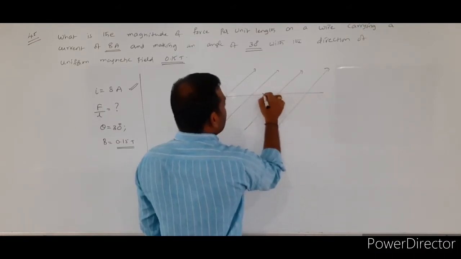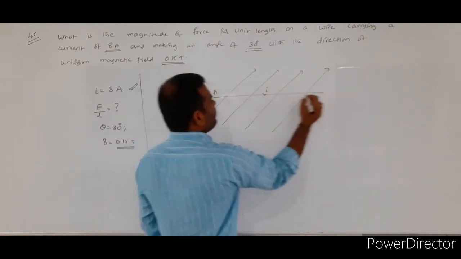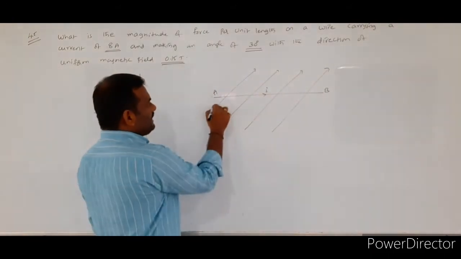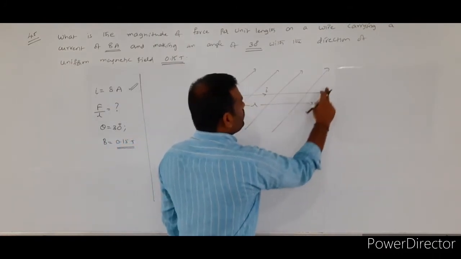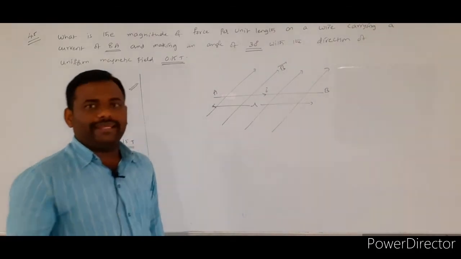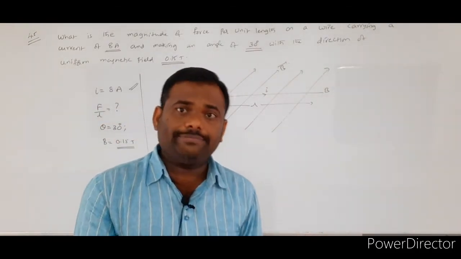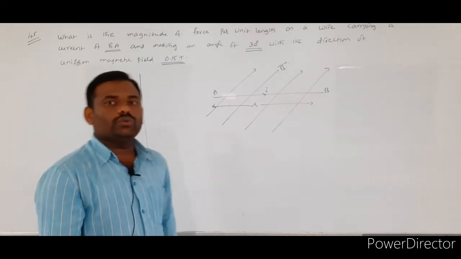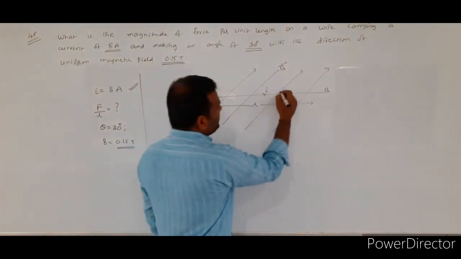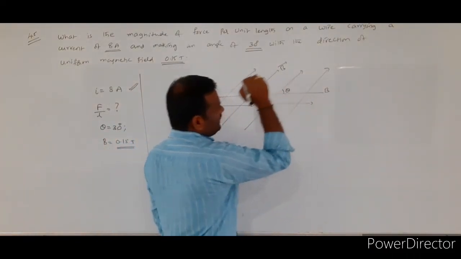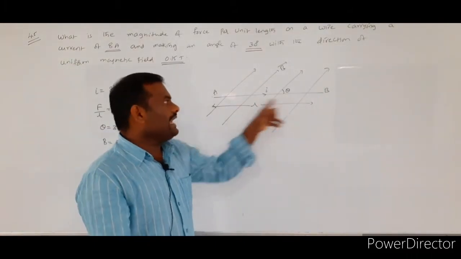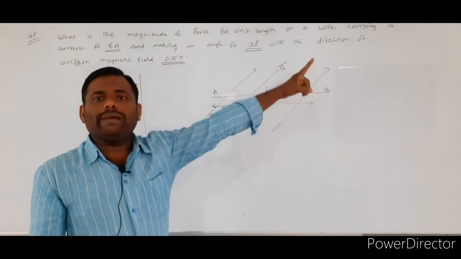If you consider a current carrying conducting wire which is placed in a uniform magnetic field, then the current carrying conductor will experience some external force due to the magnetic field. Here they mentioned that the current carrying conductor is making an angle theta with the direction of the magnetic field.